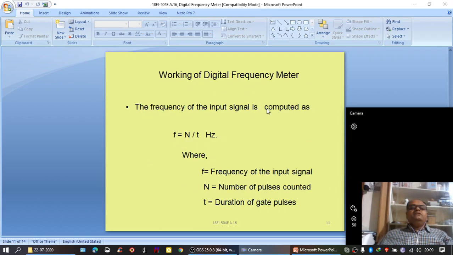The frequency of the input signal is computed as I told already, f is equal to n divided by t, where n is the number of pulses counted by the counter and t is the gating pulse width. Frequency of the input signal, number of pulses counted, duration of gating pulses.